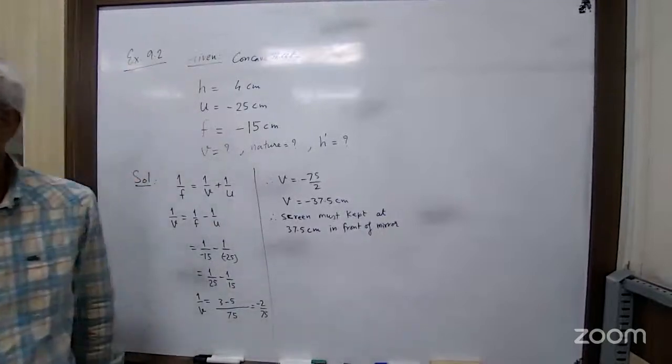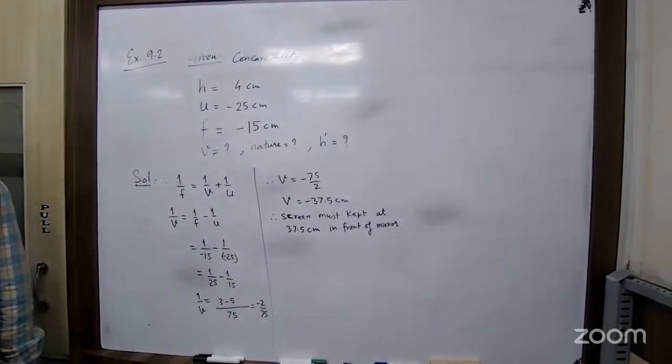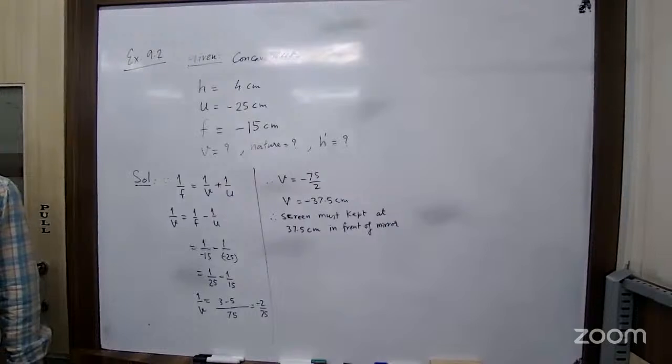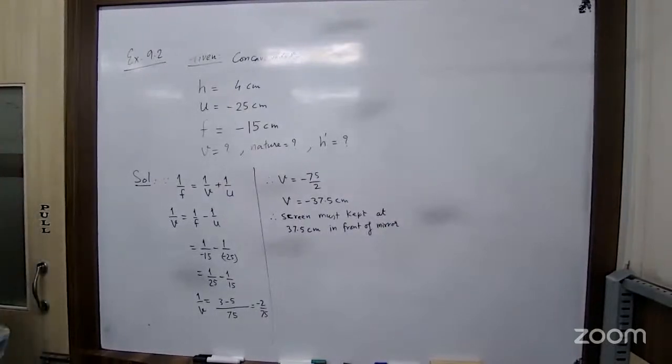What is the answer? Screen has to be kept at 37.5 centimeter in front of it. V is negative.